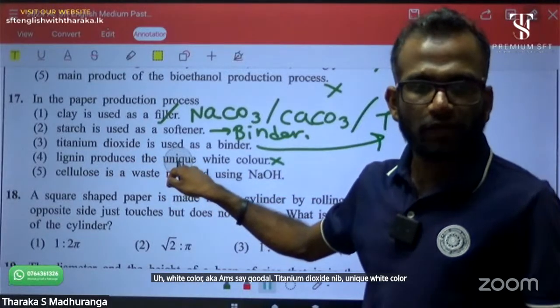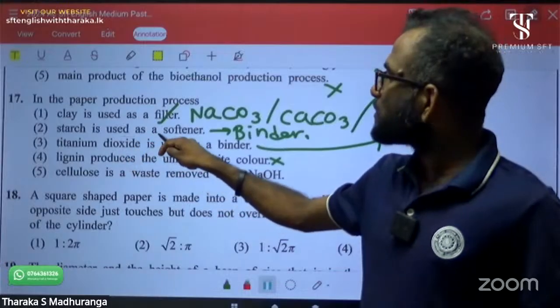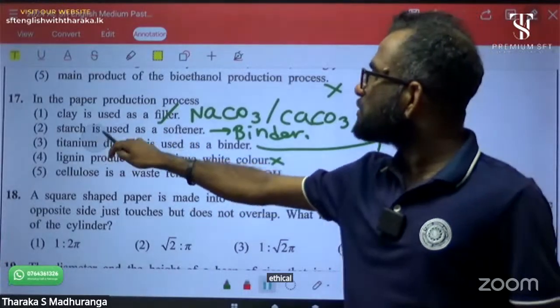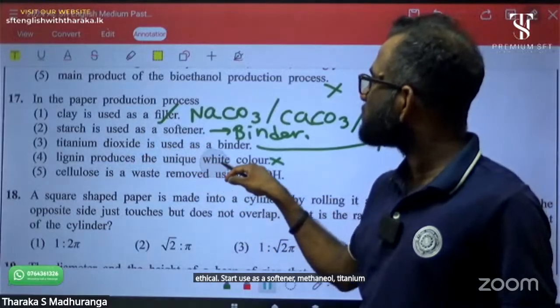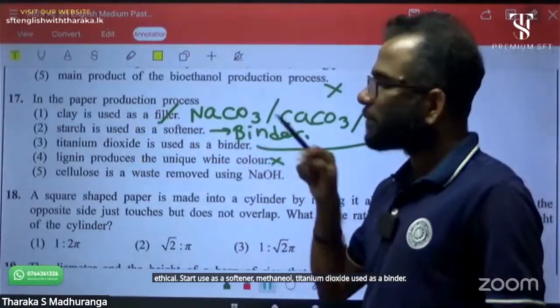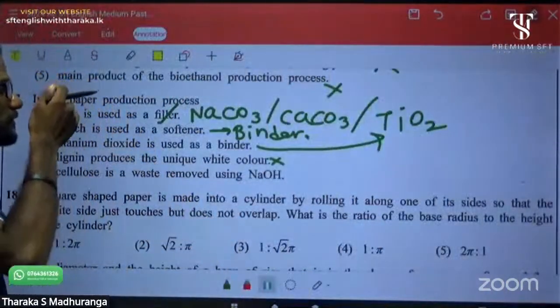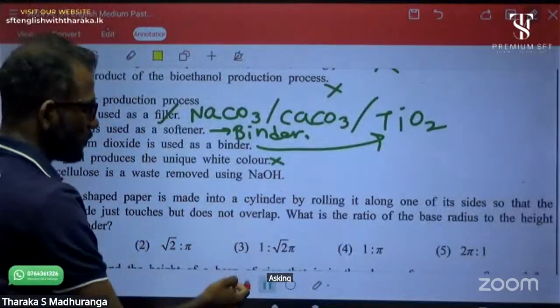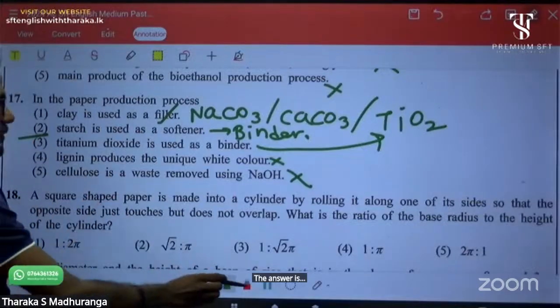Then starch is used as a softener, and here it says titanium dioxide is used as a binder. Actually starch is used as a binder. Work it out properly; questions of this type are asked, and that statement is wrong. Then the answer is the first one.